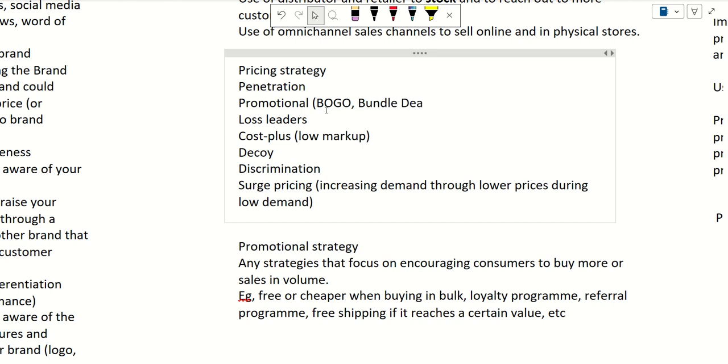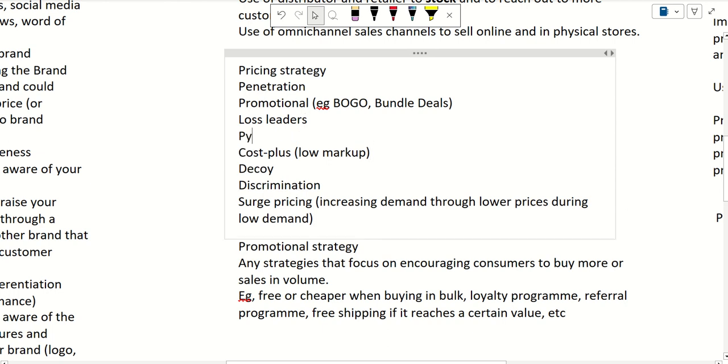So those are all the different types of promotional pricing. Okay, there are more than this, please take note of that. Loss leaders, okay. Cost plus. So cost plus here refers to lower markup of the price. So if you have a lower markup, then it's almost like a penetration pricing, right? So it could even be a penetration pricing.